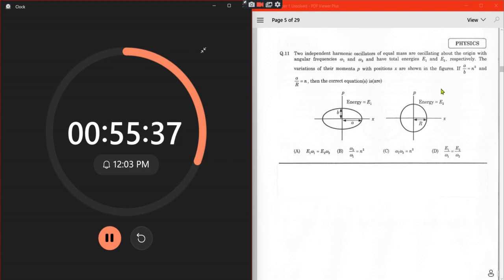Okay, so first of all we have to find what P and A are. So the energy is E1, omega 1 is the frequency, okay, A is the amplitude, so A times omega is our velocity, like half m v square, so half m times its square is equal to E, and B is just equal to m times V. So what am I doing here?